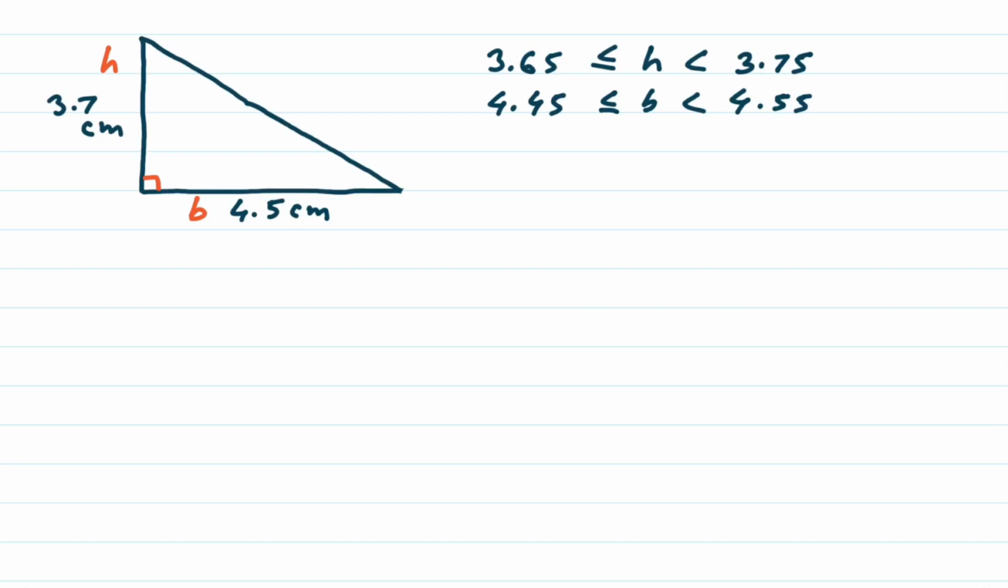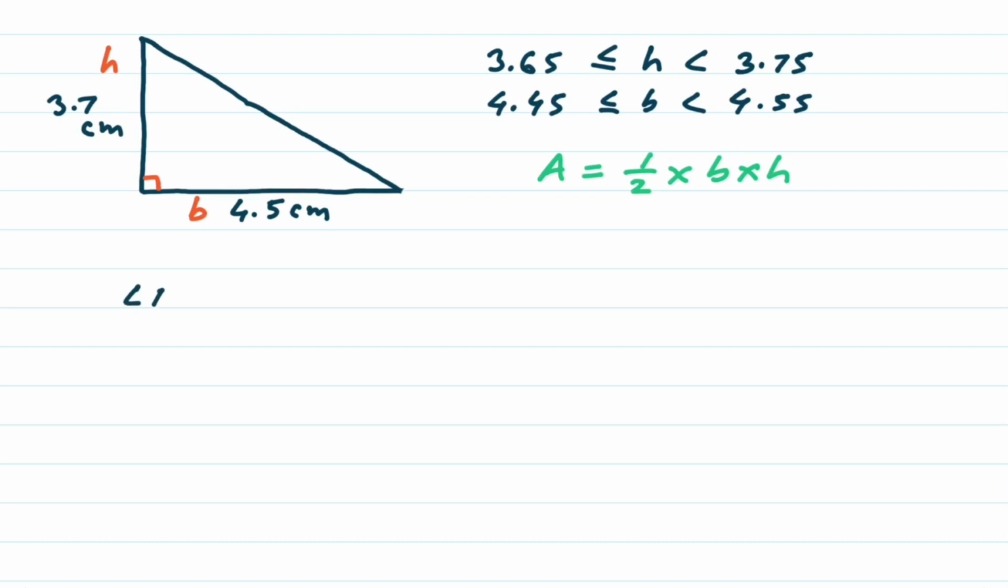The next is to find the lower and the upper bounds of the area of this triangle. For that, area is equal to 1 by 2 times base times the height.